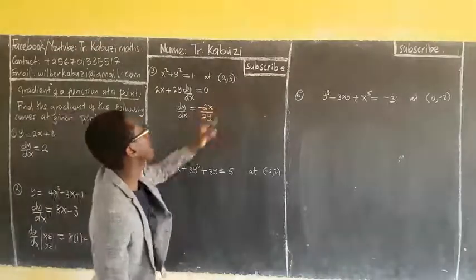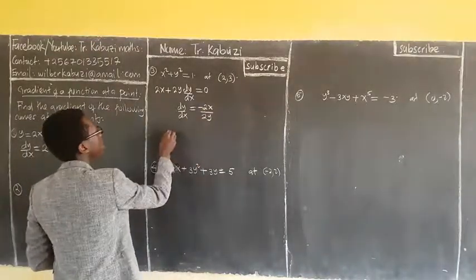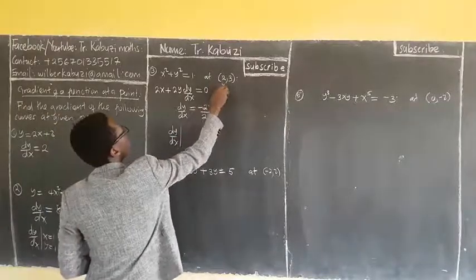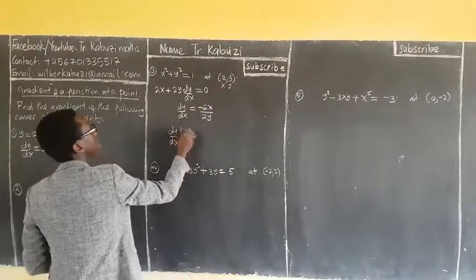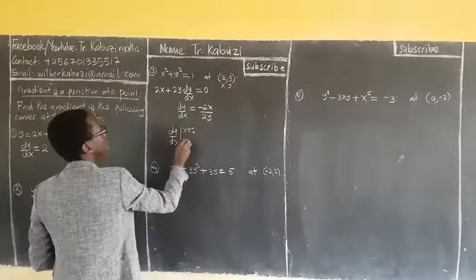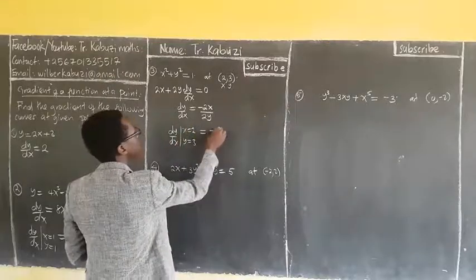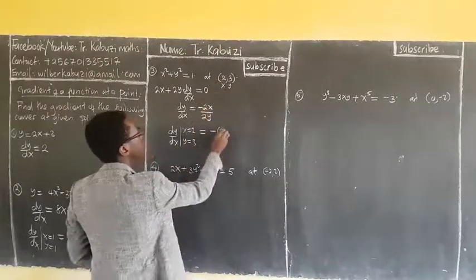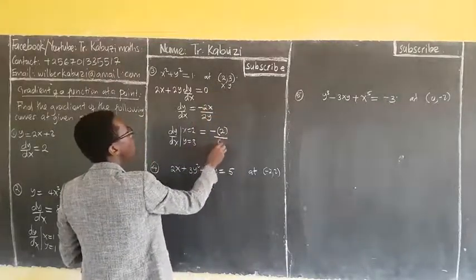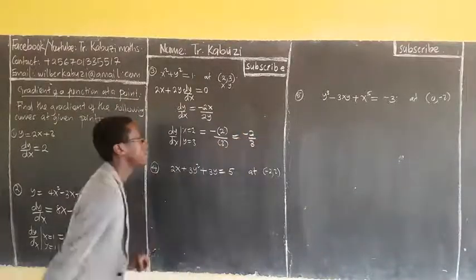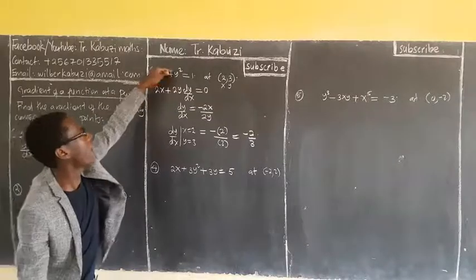The 2s cancel, so dy/dx at the point where x is 2 and y is 3 is negative 2 over 3.